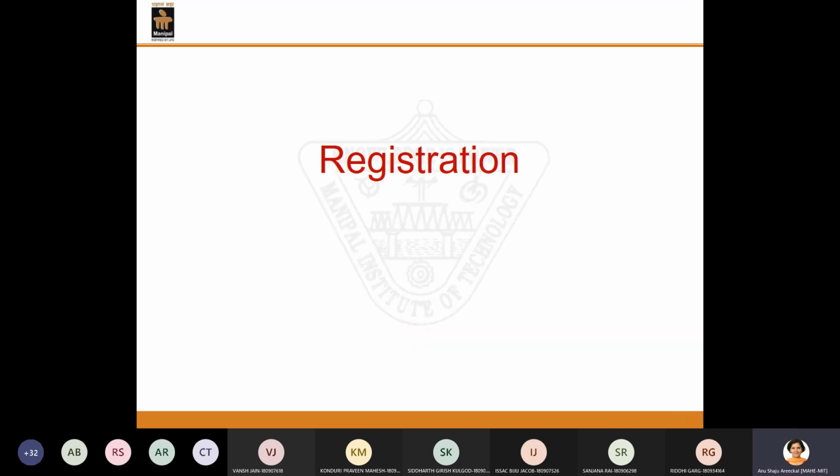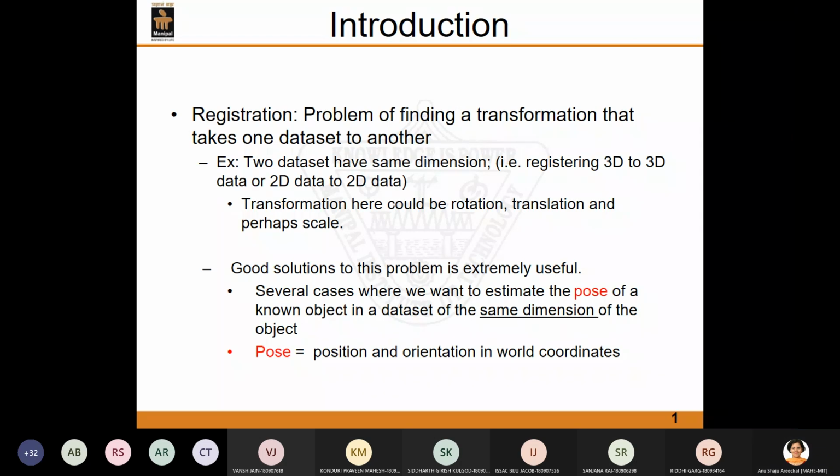So we'll continue with the next topic, which is registration. Now, when I say image registration, what we are basically doing is finding the transformation that takes one data set to another. That means, let us say I have one image and I have another image, and let me call this image the source image and this image the target image.